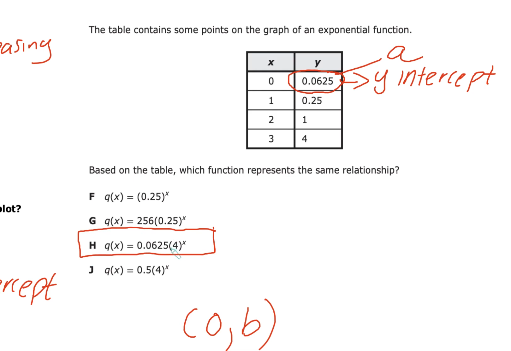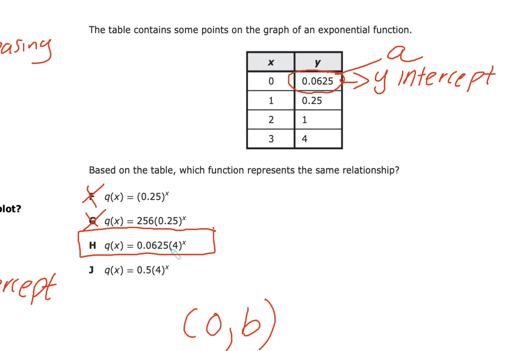Now you can tell that your factor is a growth factor because look at your values. They are increasing: 0.25, then 1 and 4. So your growth factor has to be greater than 1. This is less than 1, eliminated, less than 1, eliminated. This is your answer.